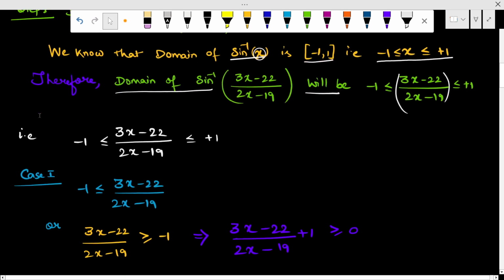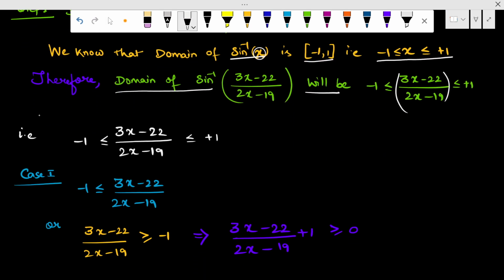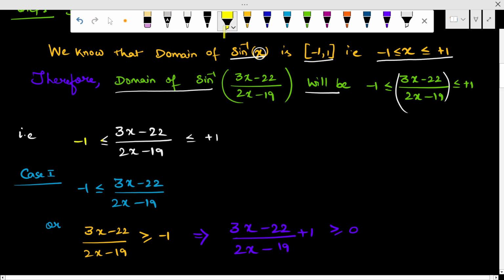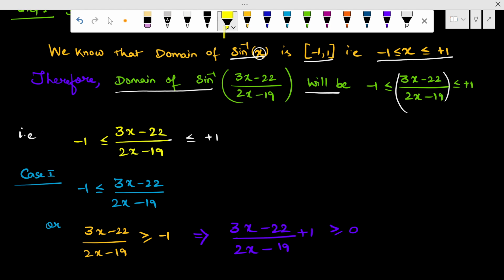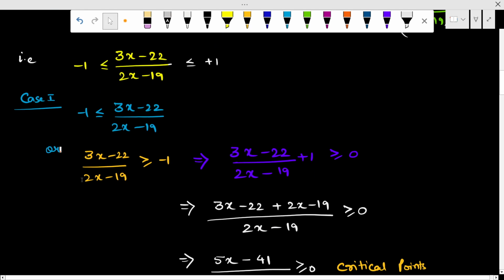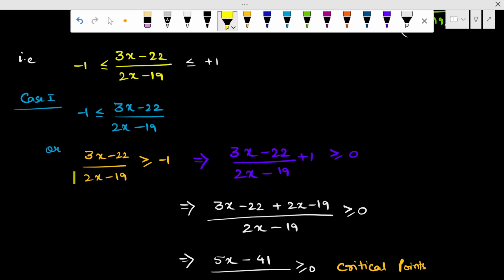So we solve this. We first solve the left hand side portion, meaning minus 1 is less than or equal to (3x minus 22) by (2x minus 19), or we can say that (3x minus 22) divided by (2x minus 19) is greater than or equal to minus 1, right?